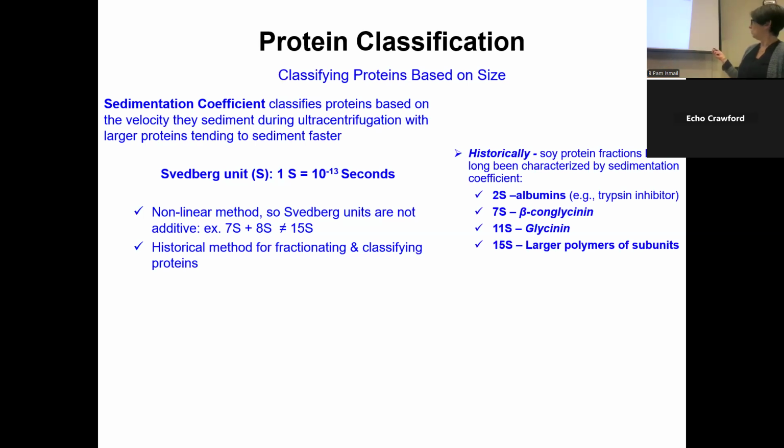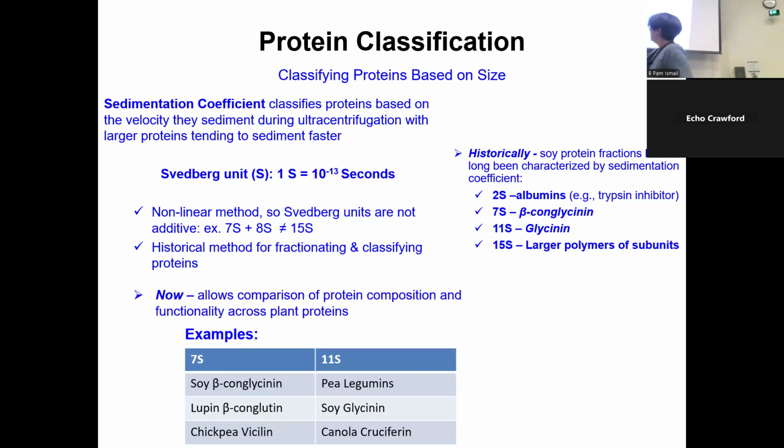So trypsin inhibitor is an albumin, and then you have the 7S beta-conglycinin, the 11S glycinin, and then sometimes larger molecules form depending on the environmental factors, and they have the 15S. But later on, we started referring to other proteins with 7S and 11S from different sources, not just soy.